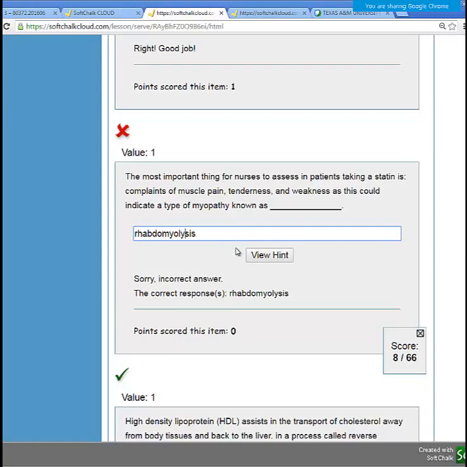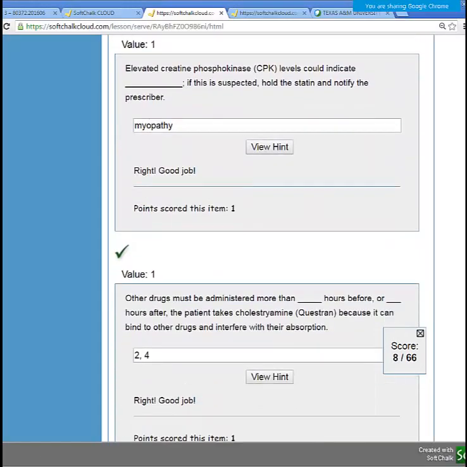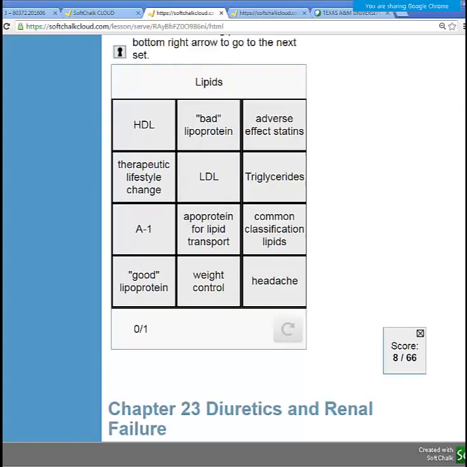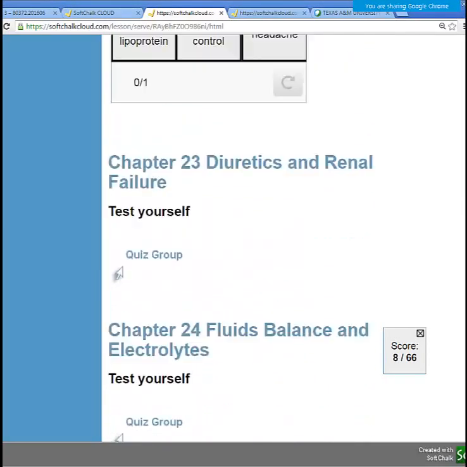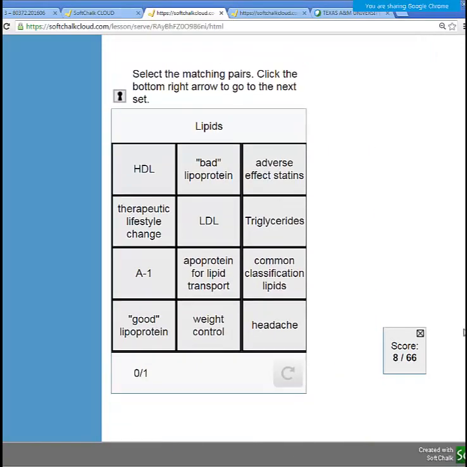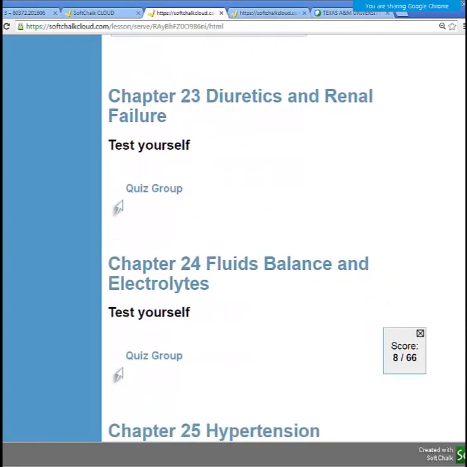So watch, I have spelled it wrong in the key. That's a long word. All right. So that's what you'll see on the stat page, and then you can match those up. Those are just another one of those kind of little things to know your cholesterol type of thing.